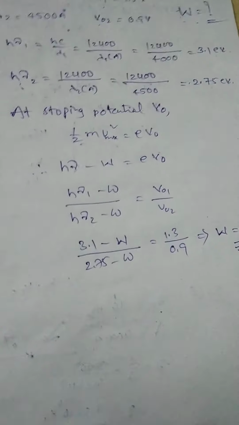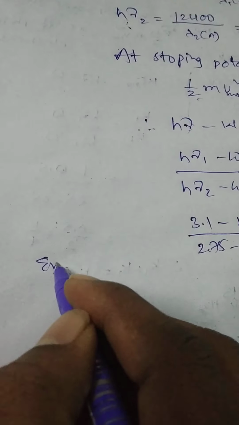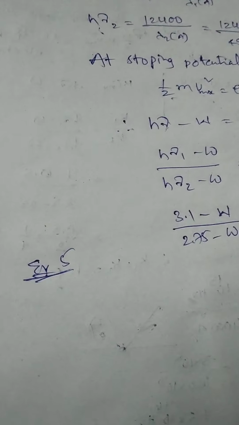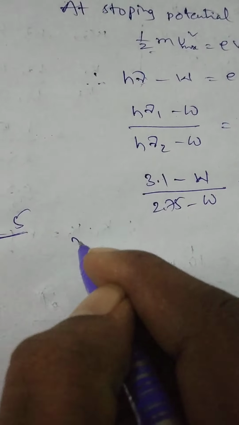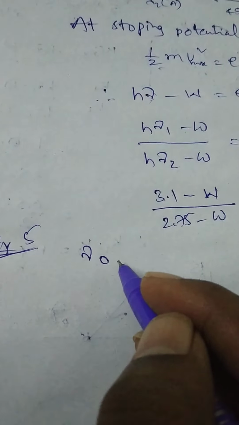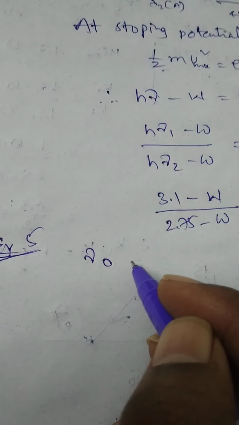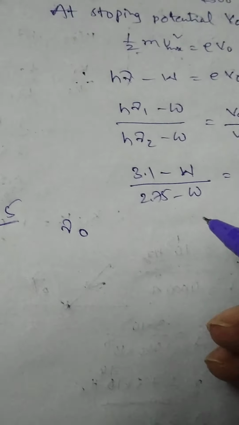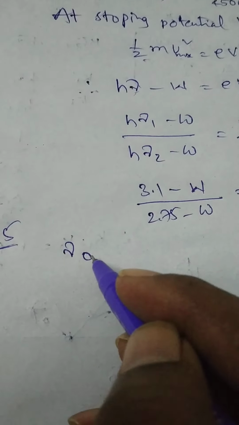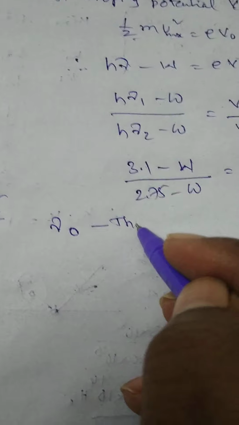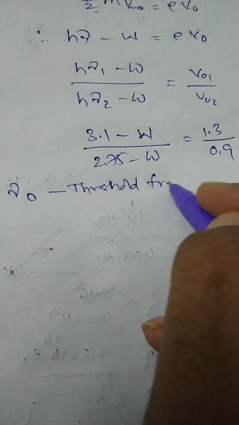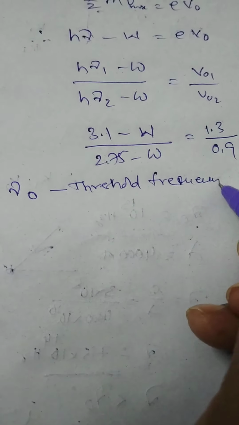Right? Okay. Next one, another example. Example 5. Suppose the threshold frequency of a certain metal is nu naught. Here nu naught is the threshold frequency.